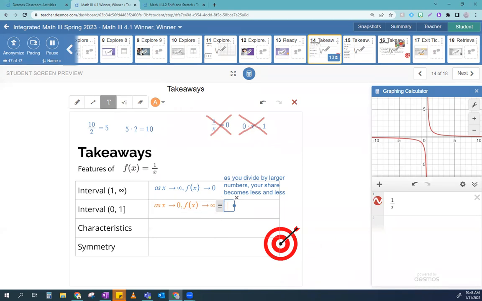So here, as you divide by smaller numbers, what happens to your share? As I divide by like half, it gets larger and larger and bigger. Your share gets larger, right? So a classic example is pizza.